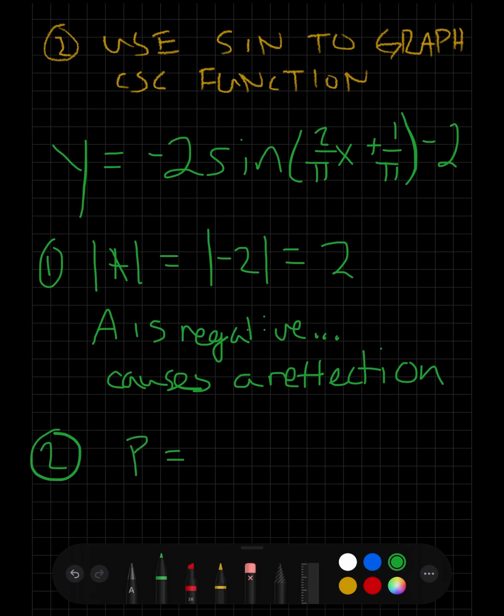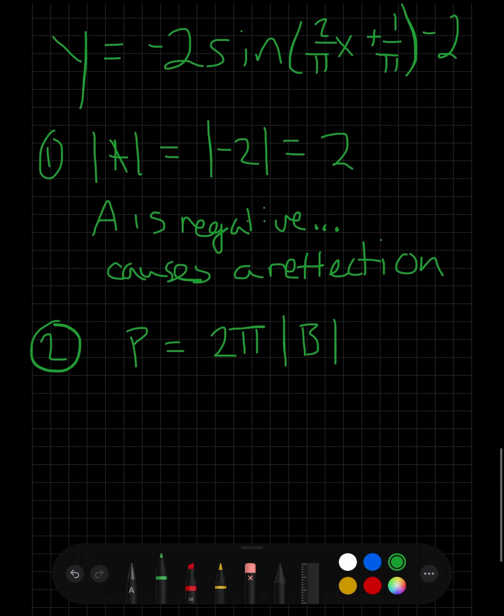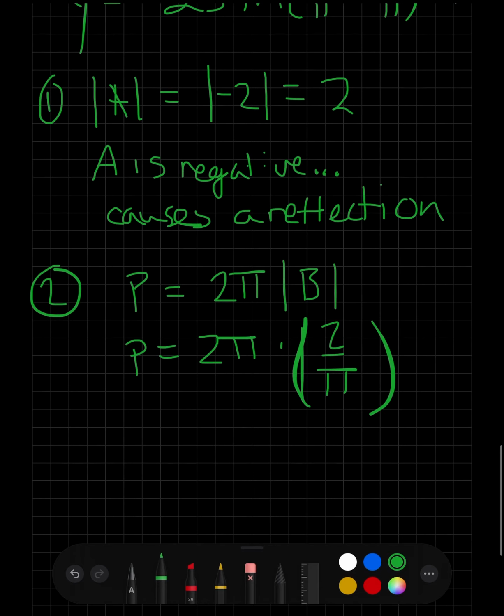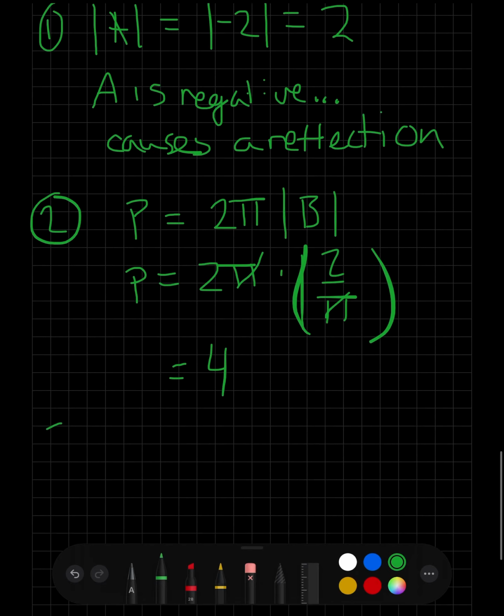The second thing we want to do is find the period, which is equal to 2 pi over the absolute value of b. So here we have 2 pi over our b value, 2 over pi. My pi's will cancel, and I'll end up with a period of 4.